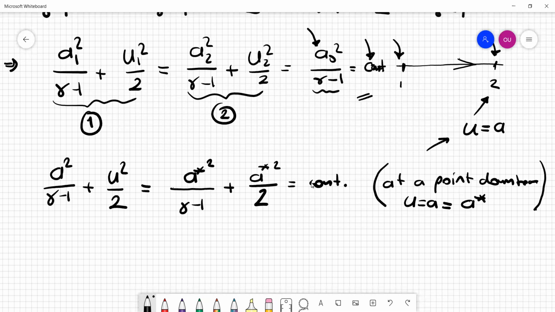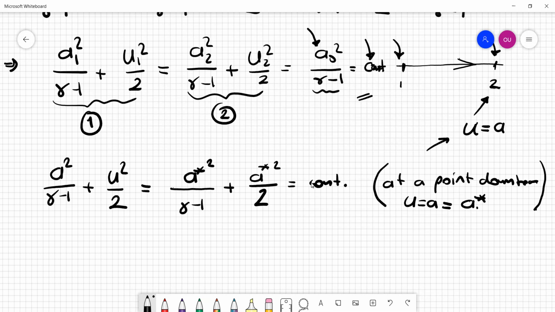The speed of sound depends on temperature, and temperature could be changing from 1 to 2. At a certain state where velocity becomes equal to a, whatever the temperature is at that state will give me the value of the speed of sound at that point. I call it a star.